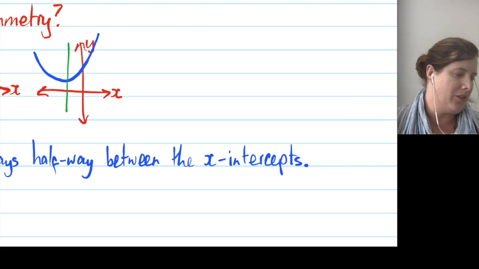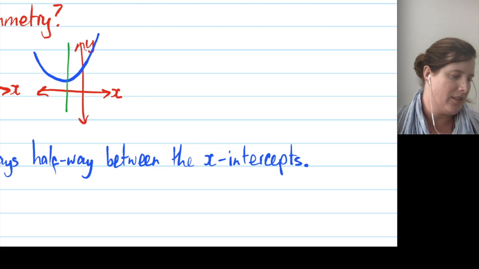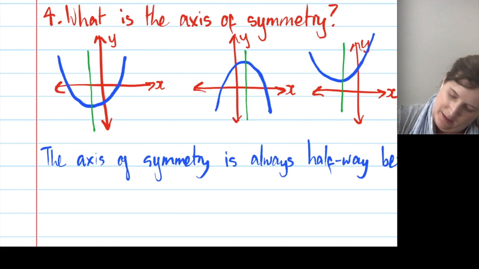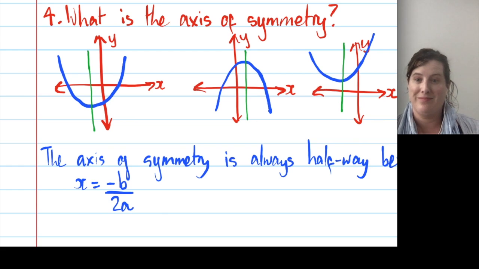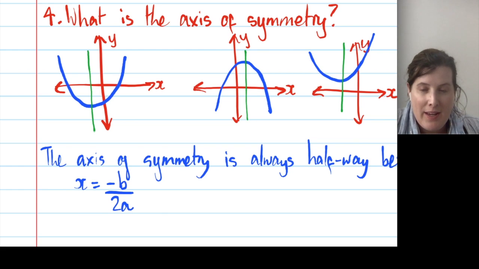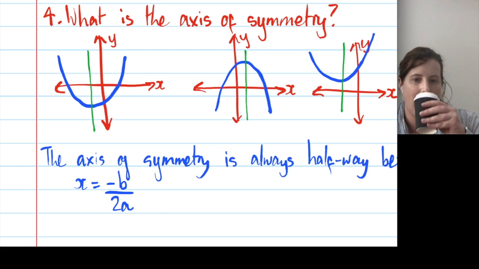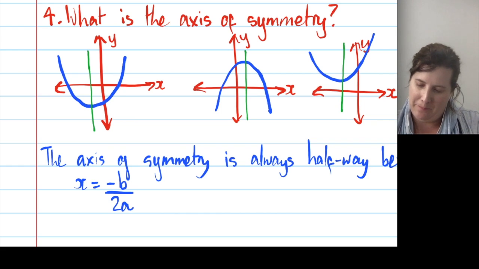We've actually also got a shortcut for that. It's x equals minus b over 2a, where a is the number in front of the x squared and b is the number in front of the x. Yeah? That's just a handy formula for that one.